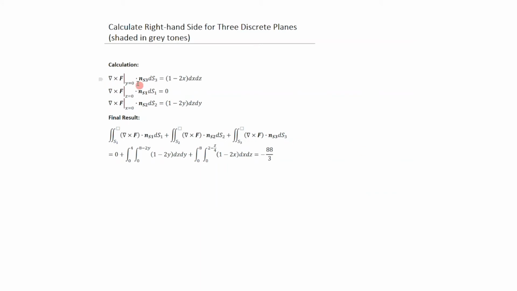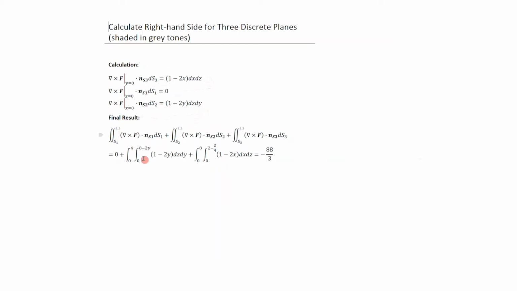So the curl of f dot n3 dS3, that's the case for y equals 0. We end up with this. For the case z equals 0, this is a different surface area element. Take the dot product, we end up with a 0 value. And for the curl of f evaluated at x equals 0 for n2 dS2, we get 1 minus 2y dz dy.